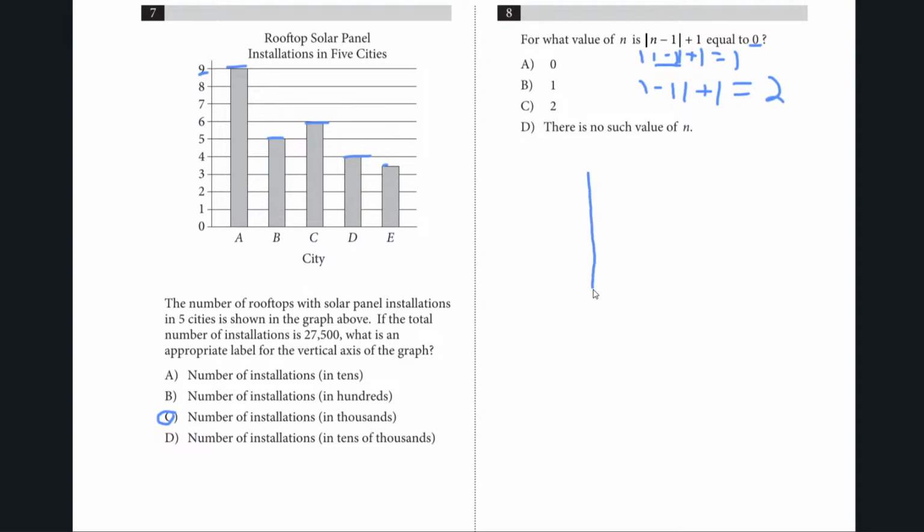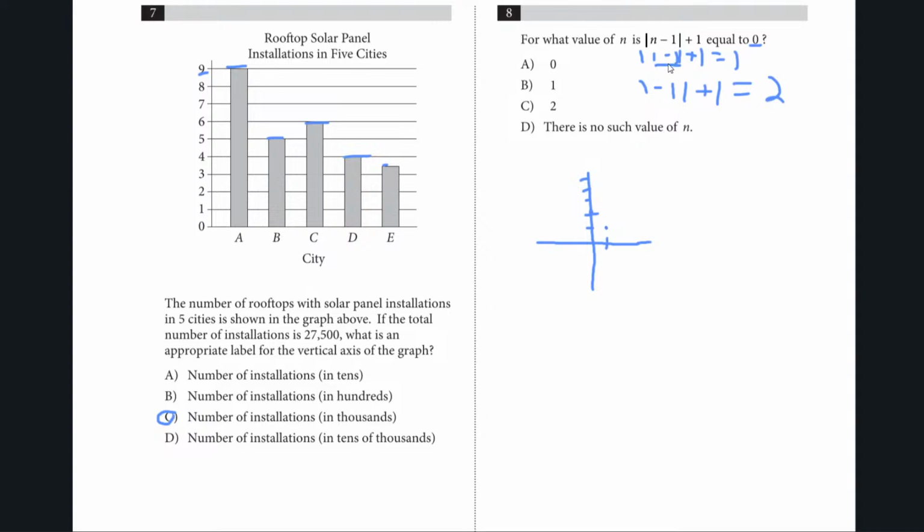Let's try graphing this to verify. So we have an n minus 1 within the absolute value, so that's going to shift us to the right by 1. And then we have a plus 1, which means we're going to be up 1. So when x is equal to 1, we are at 1. When x is equal to 0, we are at 2.